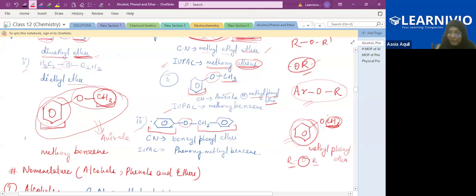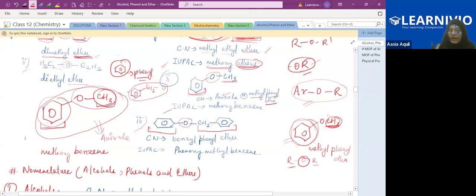If only benzene is there, when we take it as a substituent, we call it a phenyl ring. But if benzene is attached to a CH2 group, like here the oxygen is attached to the CH2 group, as I told you, when oxygen or any hydroxyl group is attached first to an sp3 hybridized carbon, and that sp3 hybridized carbon is attached to the benzene ring, this type of system is known as a benzylic system.